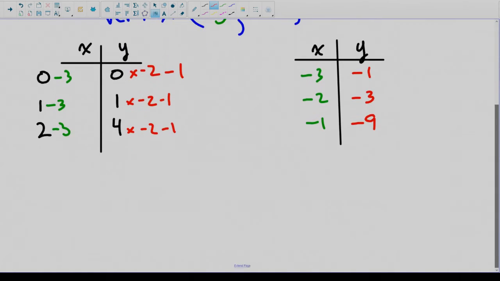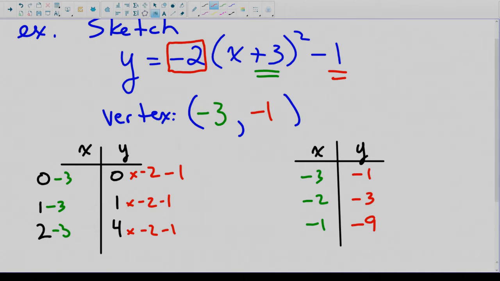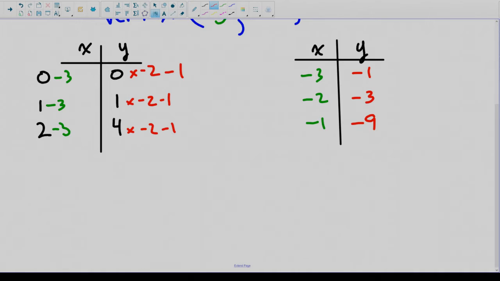Now for this one, I'm actually going to try to plot it because I'm doing something different. So I want to make sure you see this in case you're asked to do it. Now, because I know that my parabola is going to be down here from what I had shown you previously, I'm going to leave a little bit more room down here.